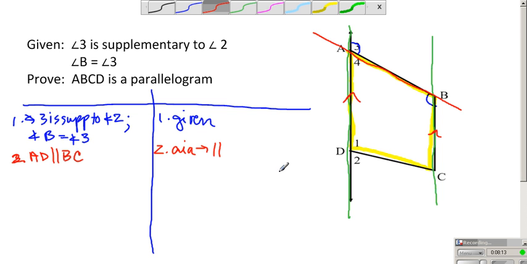So again, no matter what it looks like, if the information holds, that's what we go with. So now I have one pair of parallel lines.